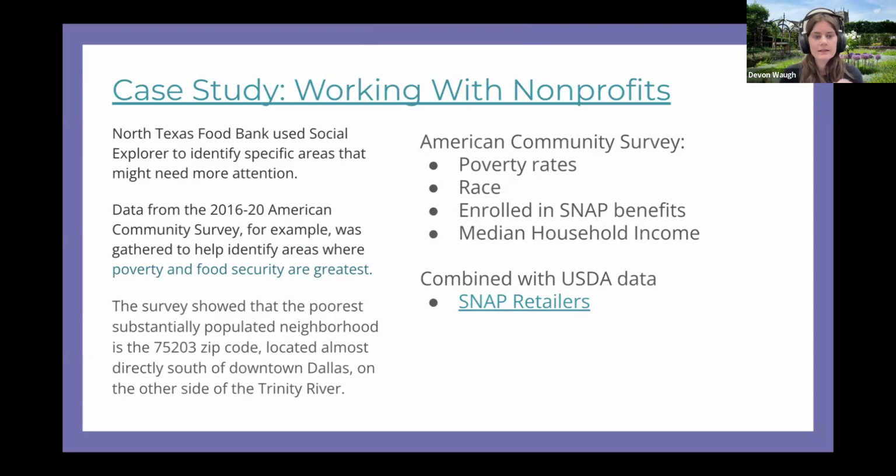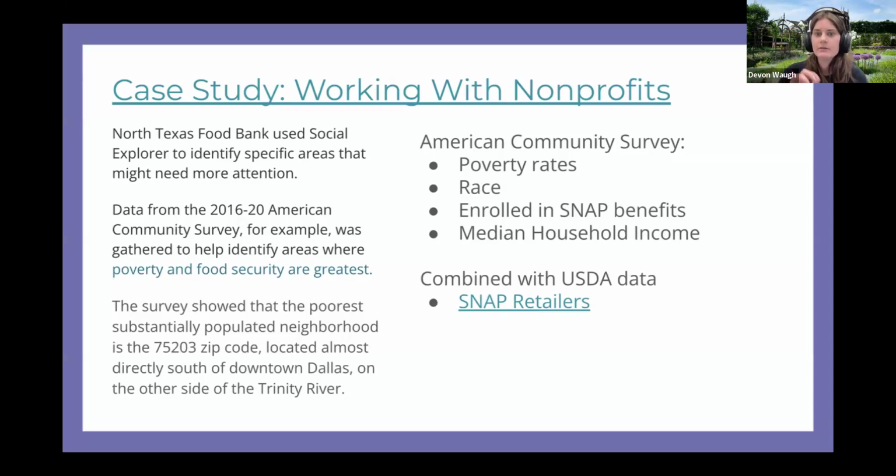And they found that the 75203 zip code, which is located almost directly south of downtown Dallas, has a very high poverty rate. It is a predominantly Black zip code, but is very under-enrolled in SNAP benefits.